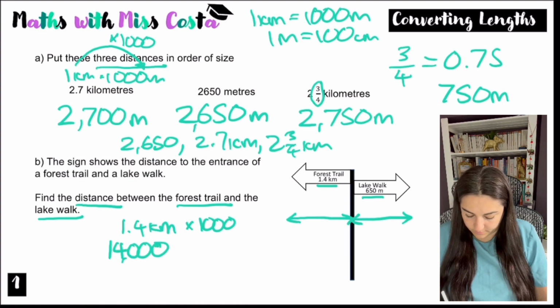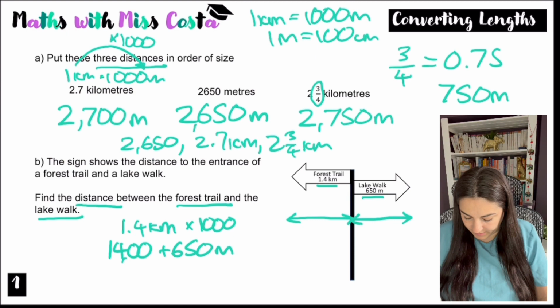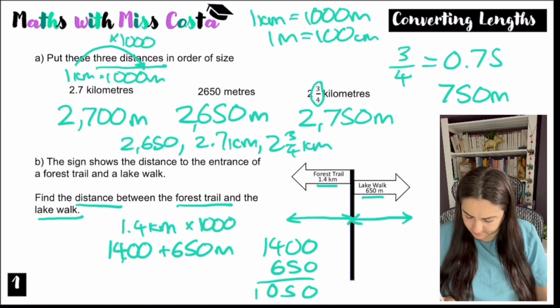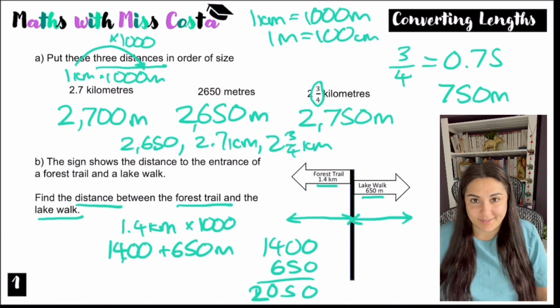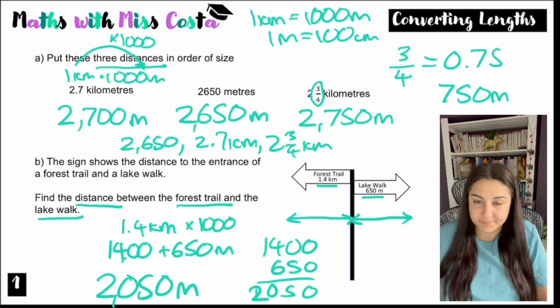And then I add 650 meters to that. So 1,400 plus 650 leaves me with 2,050 meters. So the distance between is 2,050 meters.